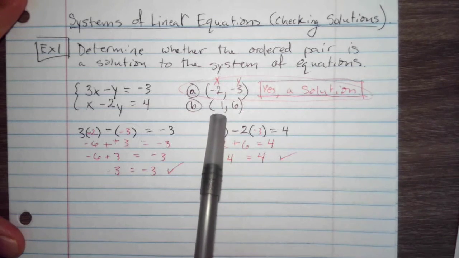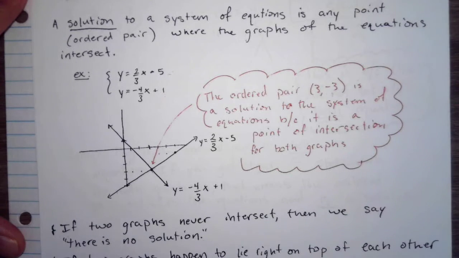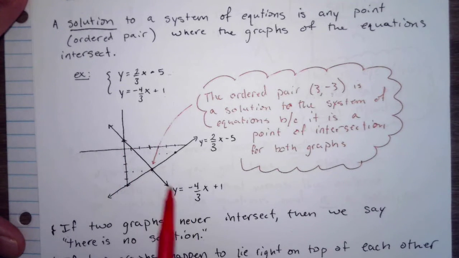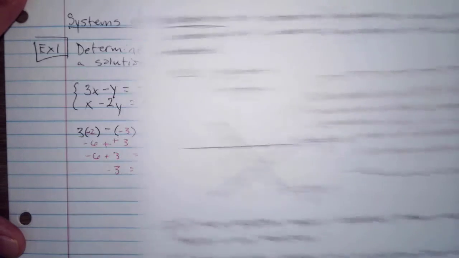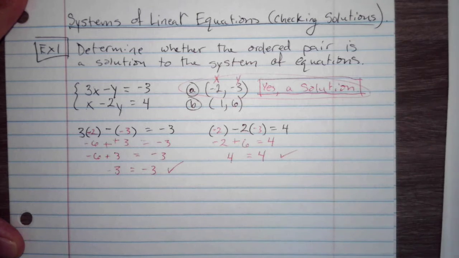Is this a solution? You should already know that it won't be, because if it's a linear system of equations, you're going to have two straight lines, and two straight lines can't intersect at two different points, and this is a different point. But we're going to just plug it in and see what it looks like anyway.